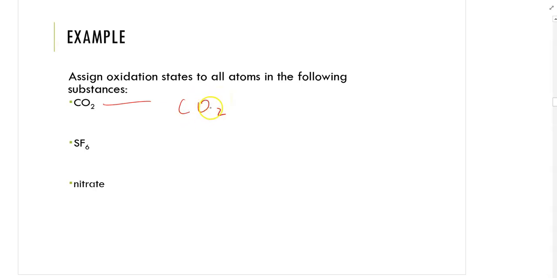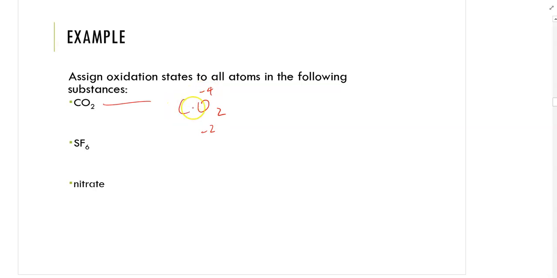With oxygen, I know that it's in a compound, so individually it's going to have an oxidation state of -2. And this operates like when we talked about balancing charges in an ionic compound, but now we're talking about a covalent compound where that's not exactly the same thing. However, the logic is identical. Since I have an individual oxidation state of -2, and there are 2 atoms of oxygen, that means overall the oxygen provides -4.